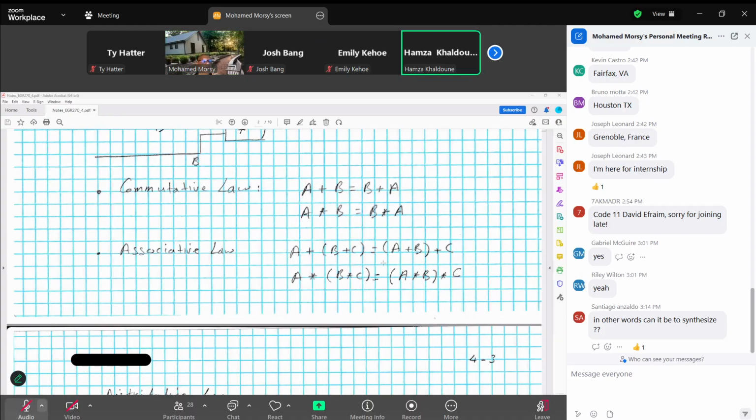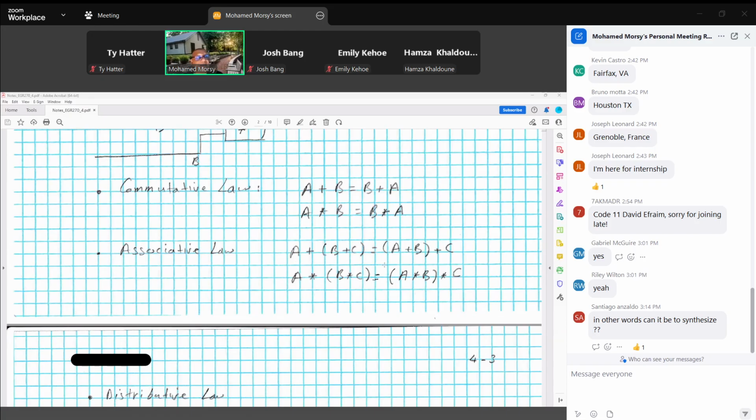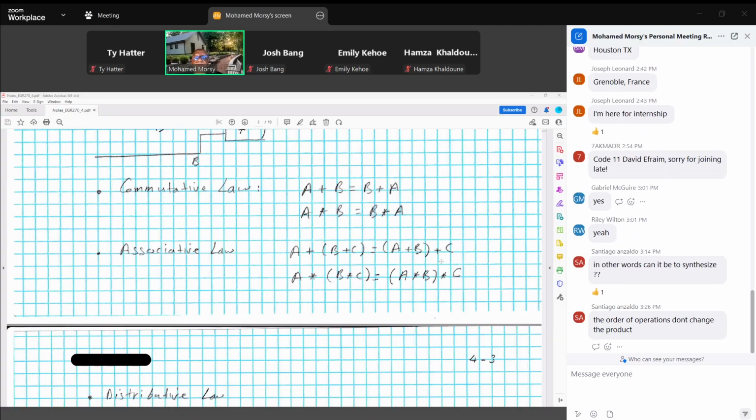Do we have to do B plus C first? Yeah, this is exactly like if we take A plus B as one package, plus C. Here we have two inputs: one input is A, the other input is B plus C. This is equivalent to one input A plus B, and the other input is C.